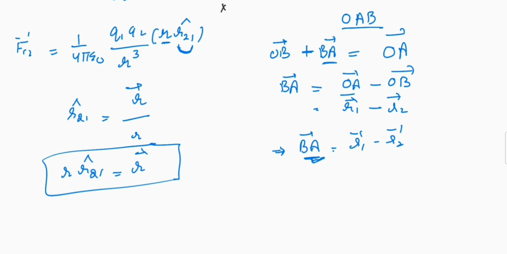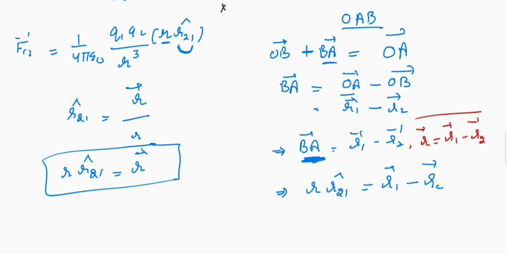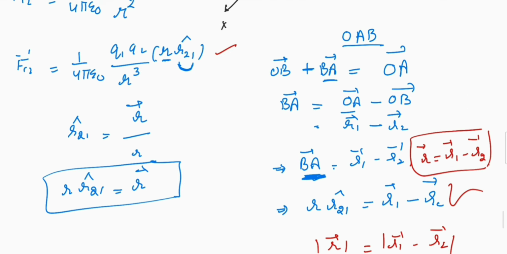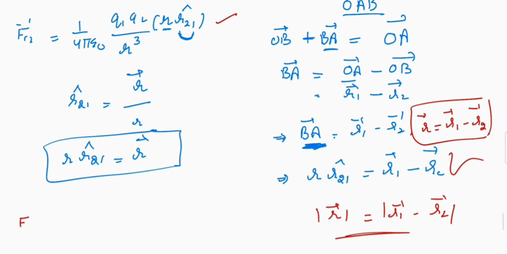So we can put this value here. So this implies R times R21 unit vector is equal to R1 vector minus R2 vector. And this R vector is equal to R1 vector minus R2 vector. So this R vector magnitude is equal to the magnitude of R1 vector minus R2 vector. So we'll put this and this here. So we'll get this F12 vector is equal to 1 upon 4 pi epsilon naught Q1 Q2 divided by the modulus of R1 vector minus R2 vector cubed, multiplied by R vector, which is equal to R1 vector minus R2 vector.